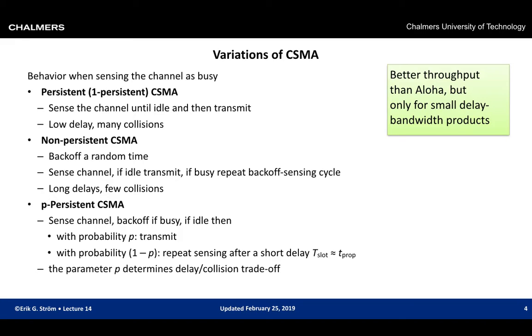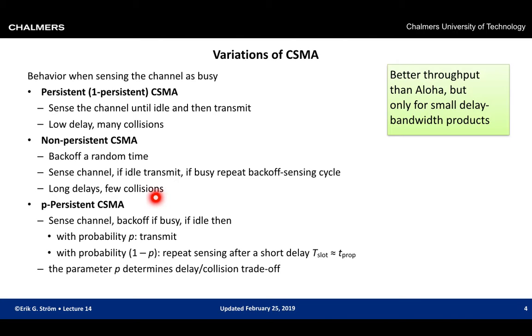And if the selection of these back-off times is big enough, then there is a fair chance that these stations will not collide afterwards. So it has to do with how we design the random back-off time. This typically has longer delays because we wait on average a longer time before we try to transmit, but there are fewer collisions.